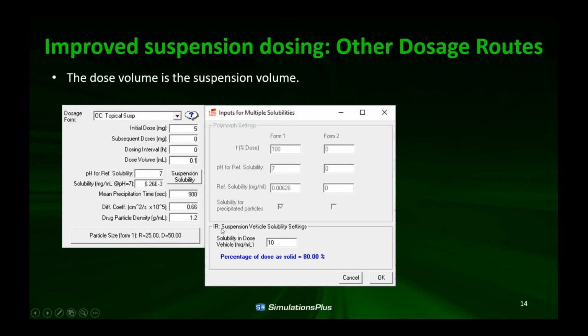With this one, for the suspension vehicle solubility setting, you are only able to change the solubility in the vehicle, because for the suspension volume, we assume it is the same as the dose volume. We do not want to give you two locations for this input that cause confusion. So for the other dosage routes, the suspension volume will be the same as the dose volume.